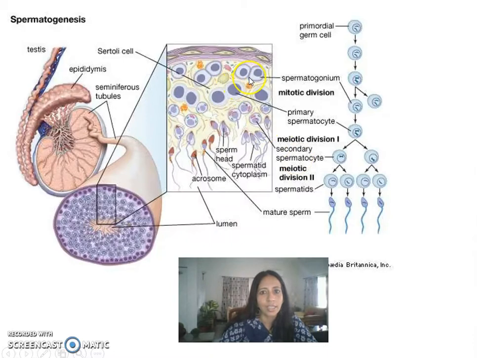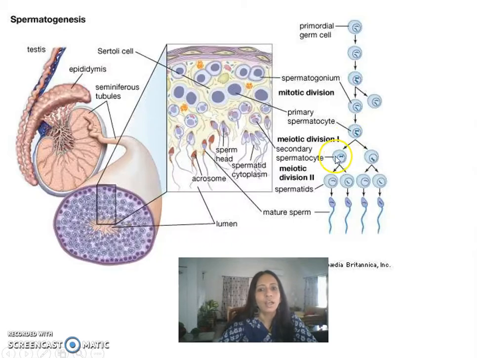Here you can see that after division, the spermatogonia first by mitosis form primary spermatocytes. These primary spermatocytes undergo reduction division, that is meiosis, to form the secondary spermatocytes. Two such equal secondary spermatocytes are formed from one primary spermatocyte.